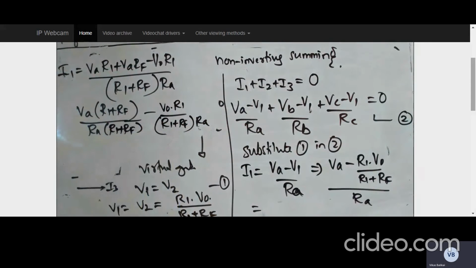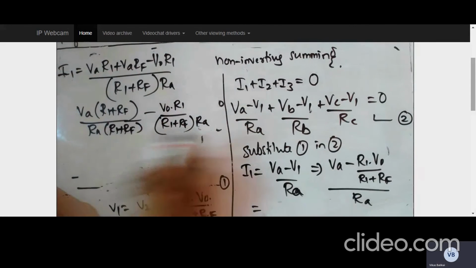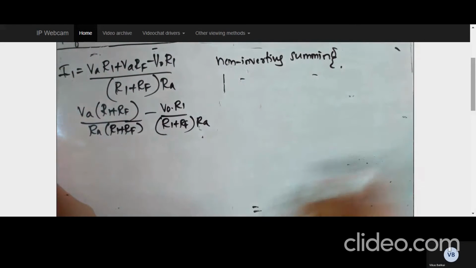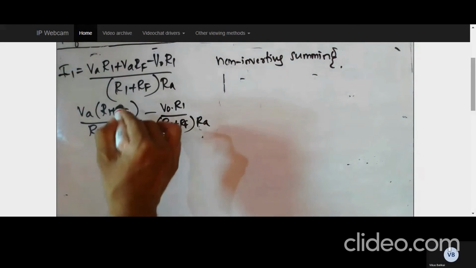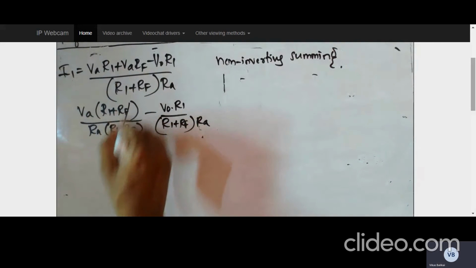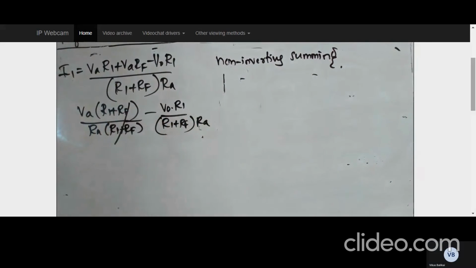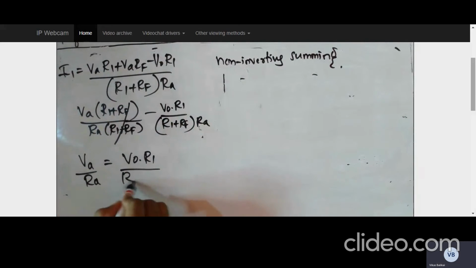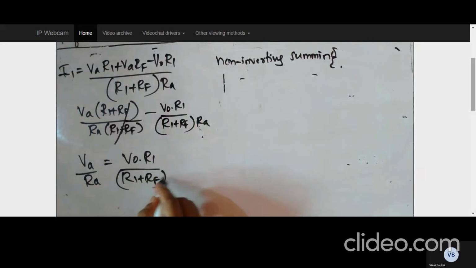So this is my present value of I1. Let me simplify here. These two will vanish, and let me equate the things. VA by RA is equal to V0 R1 by (R1 plus RF) multiplied by RA. So this is what I'm going to get.